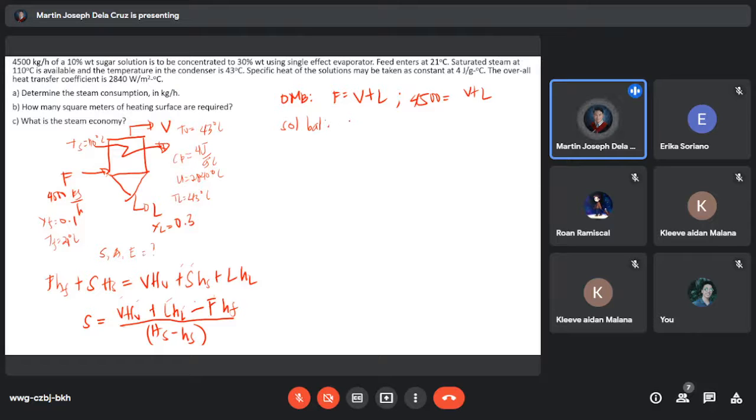So if you get your solute balance, diyan tayo magkakaroon ng value class. So F now is FXF is equal to V, siyempre, pag vapor, wala siyang concentration, plus LXL. So, you have 4,500 na feed times 0.1 is equal to L, which is yung hinahanap, times XL na 0.3. So, anong value ng L natin, class?